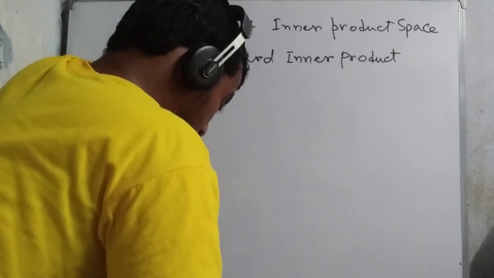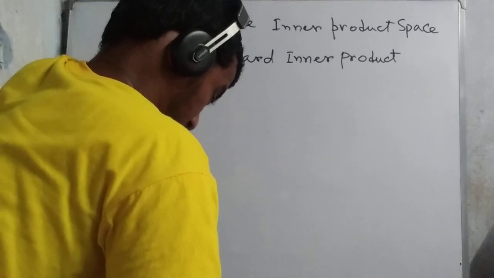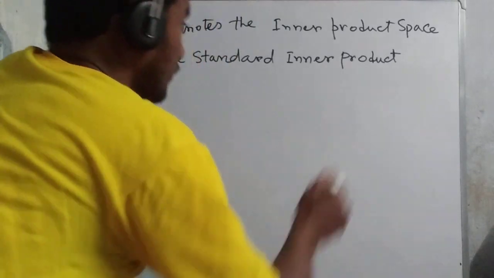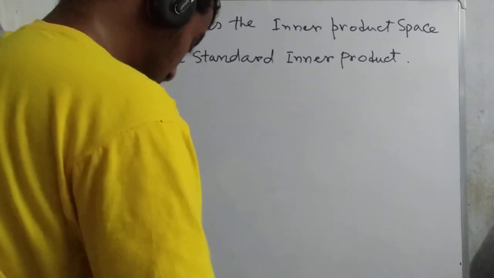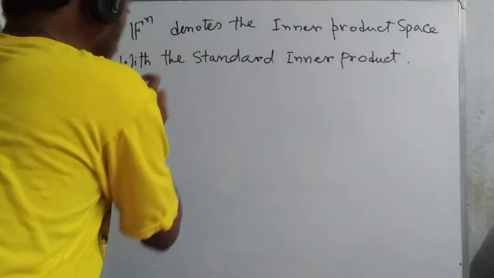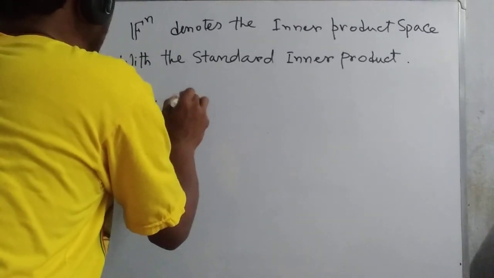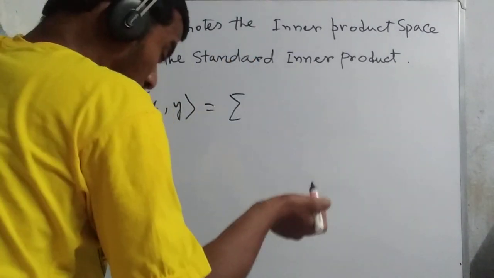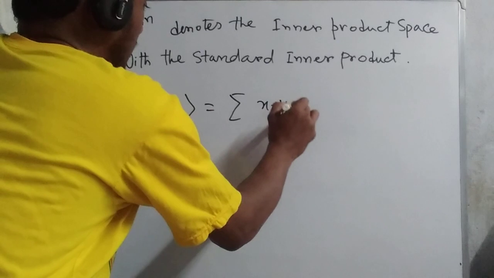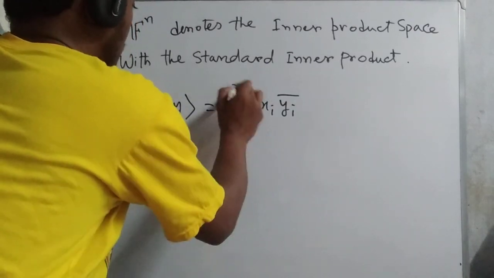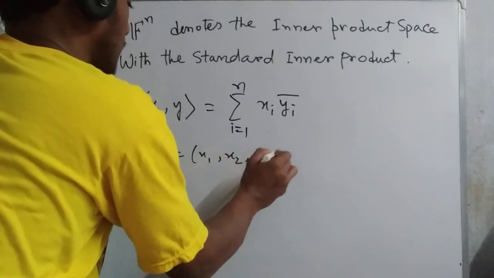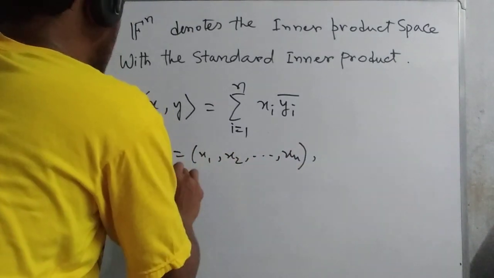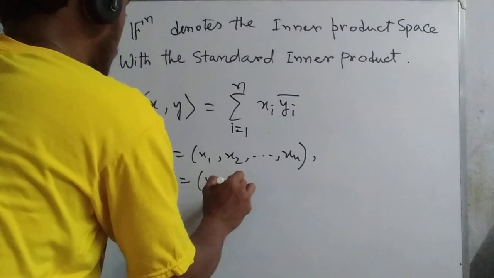We also discussed this standard inner product in the previous class, but we write it in this way. Here the inner product of x and y equals the summation of xi yi, i equal to 1 to n, where x equals x1, x2, up to xn, and y equals y1, y2, up to yn.